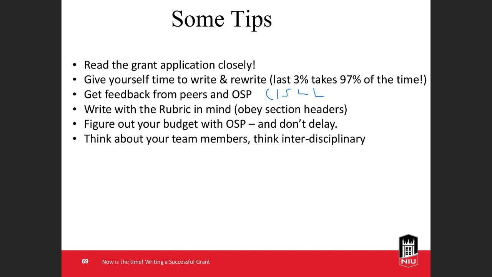Figure out your budget with OSP and don't delay. It can take some time, what you need, things like that. And think about your team members. I generally think interdisciplinary work is the way to go. And so I think it looks good if you have team members with different types of expertise.